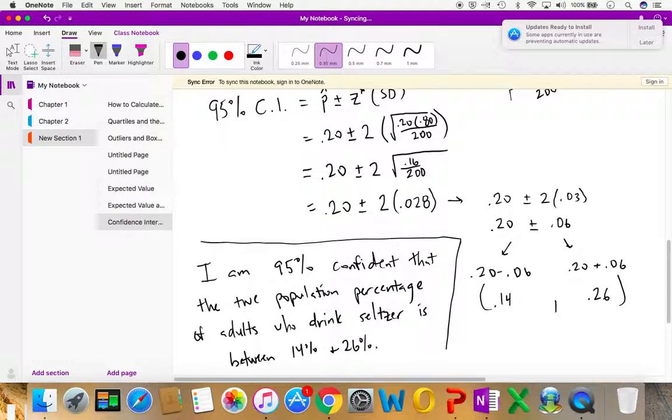I always like to take it back to percentages. It's just more practical. Again, I can't say much more about the fact that it's somewhere between those two numbers based on my sample because I selected that sample randomly.